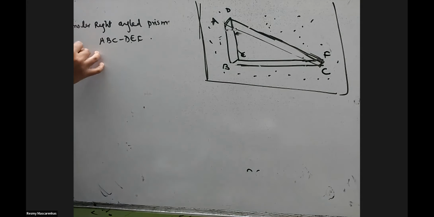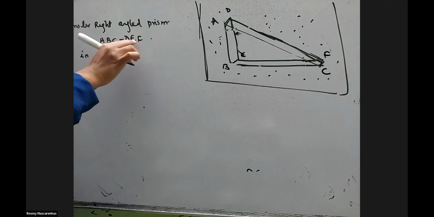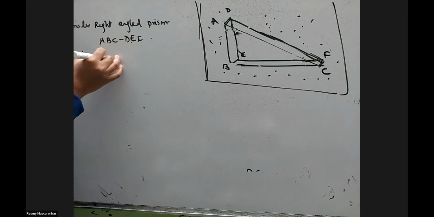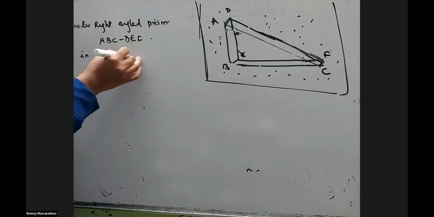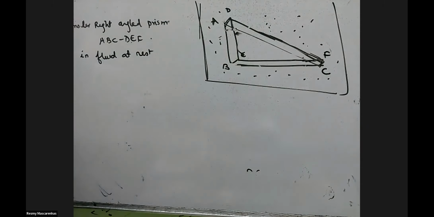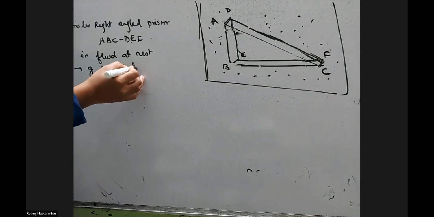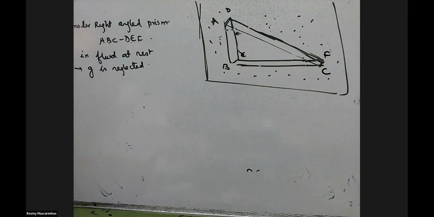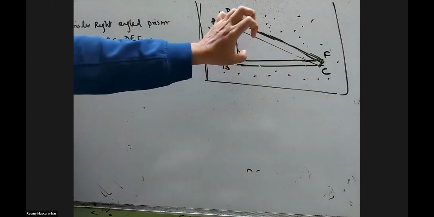So consider a right angle triangle, this prism ABCDEF in fluid, which is at rest. The fluid is not moving, it is at rest. The effect of gravity is neglected, because we are considering a very small substance.